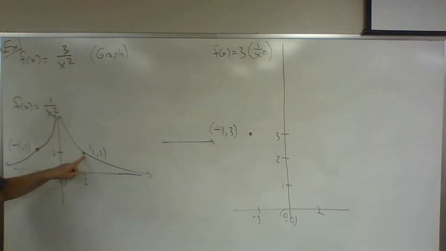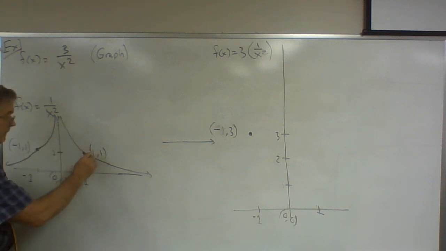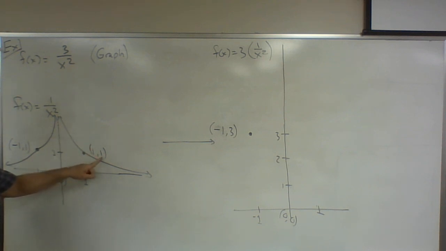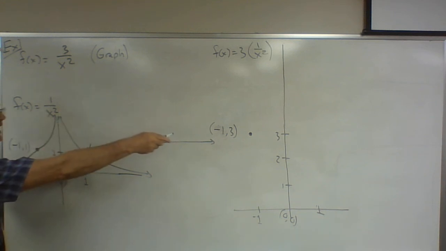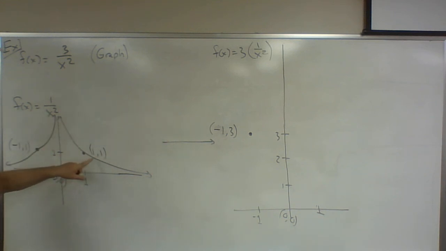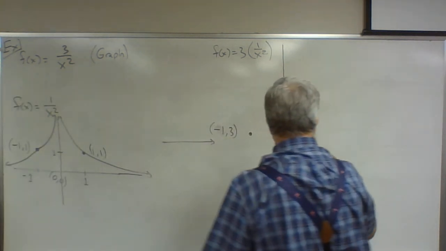Now, this point, x equal 1, y equal 1, the y value is going to get stretched by 3. So the point on the new graph that corresponds to this point is going to have a y coordinate that's 3 times greater.